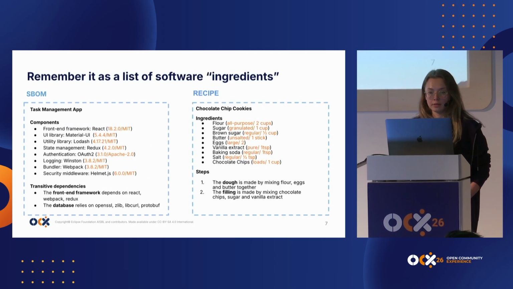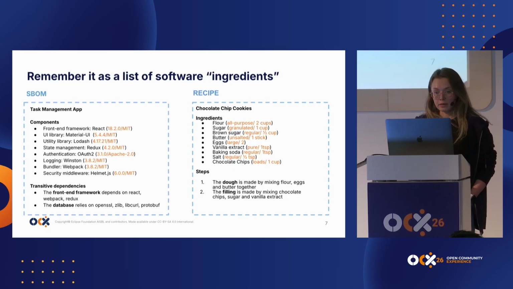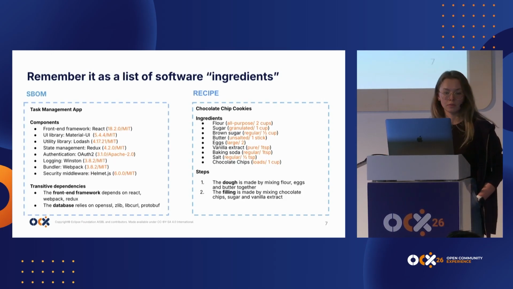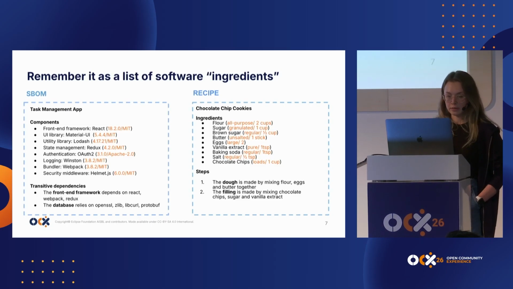And if the concept is still hard to grasp, think of it this way. An SBOM is to your app project the same thing as a recipe is to a meal. In your app, you might have components and transitive dependencies, whereas if you were to make chocolate chip cookies, you'd have ingredients.